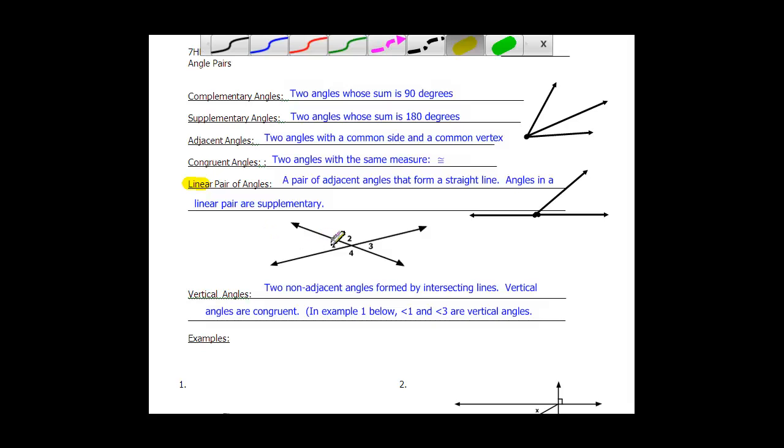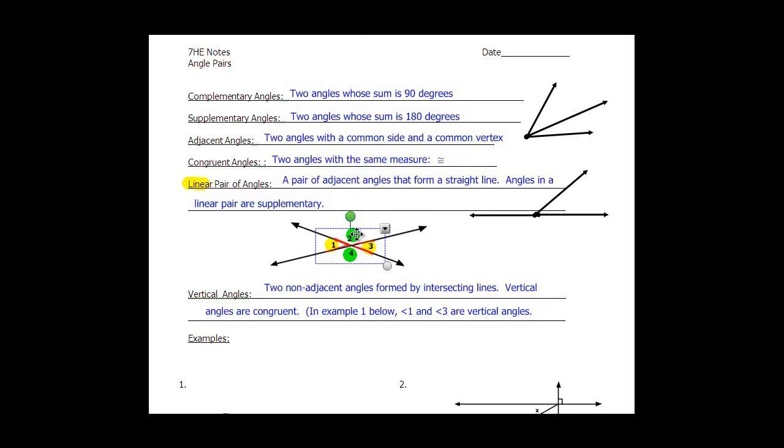You will notice that they kind of form V's, another way to remember vertical. Now, 2 and 4, coincidentally, are also vertical angles. They are congruent, all right?